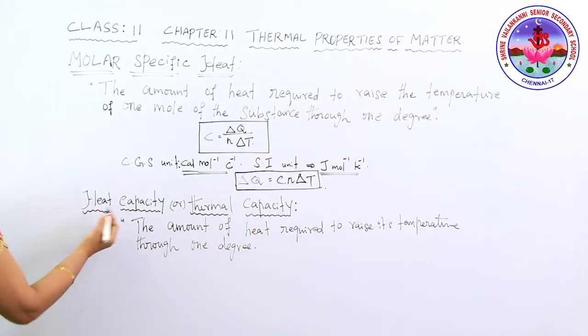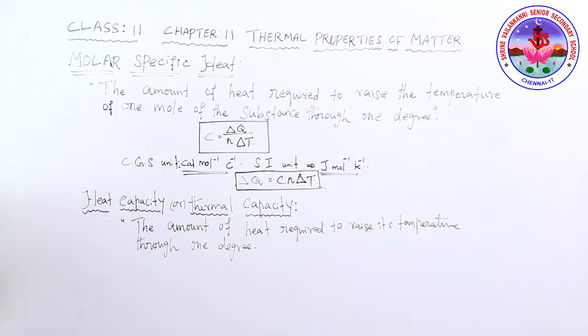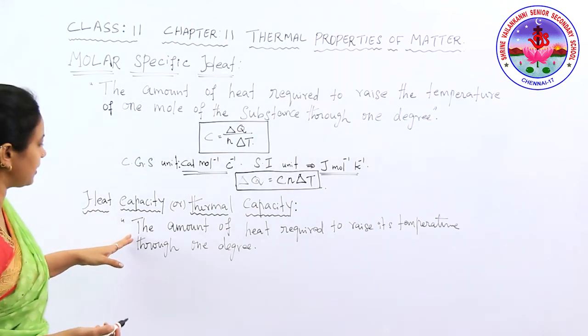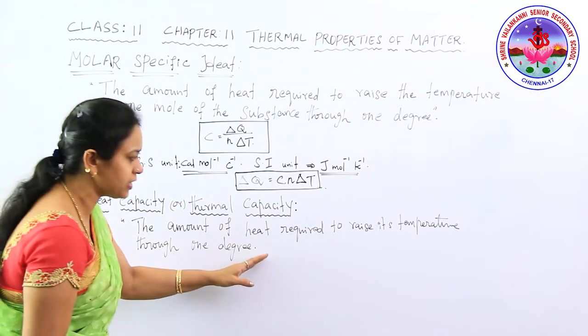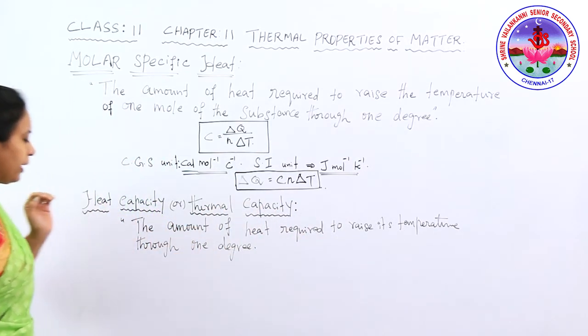Right. Now heat capacity or the thermal capacity. We can say that the heat capacity is defined as the amount of heat which is required to raise its temperature through 1 degree.